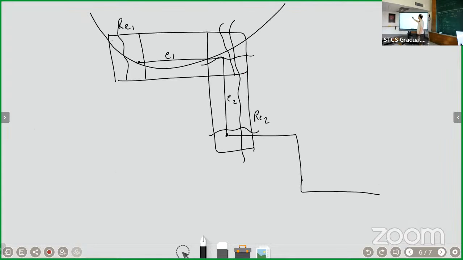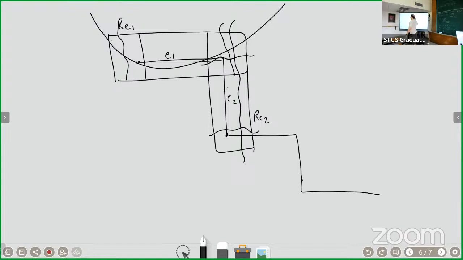A horizontal here, a horizontal here, and a vertical here. So all the vertices inside these squares belong to one component. Not all the vertices, there is a path. That's all I can say. Whatever this path is, the horizontal path has to cut a vertical path here. There is no way of avoiding it. That is all we are insisting.